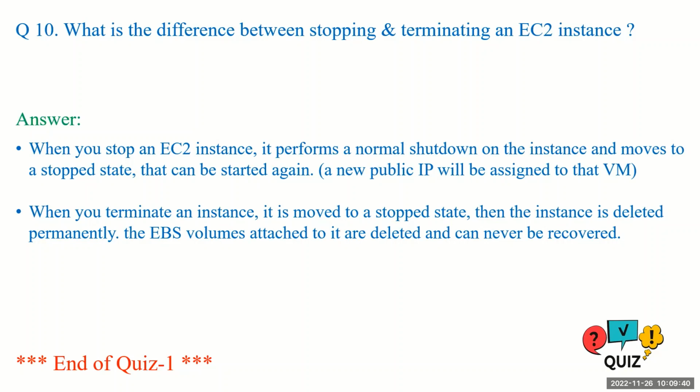And here you need to note a point. A new public IP will be assigned to that virtual machine when you restart that instance. When you terminate an instance, it is moved to a stopped state first. Then that instance is deleted permanently. The EBS volumes attached to it are deleted and can never be recovered.